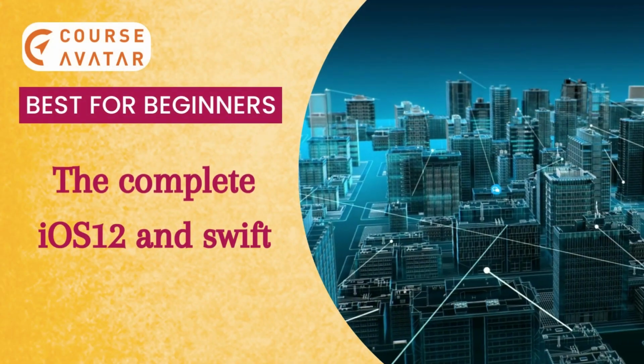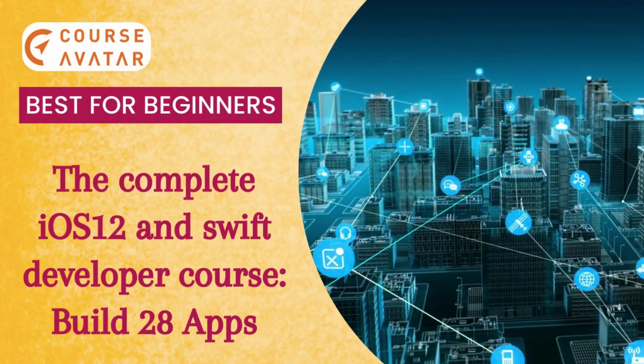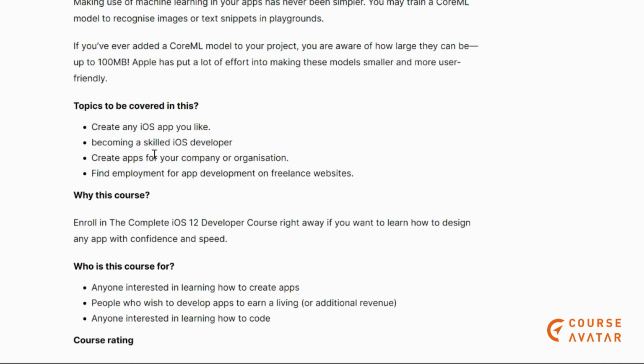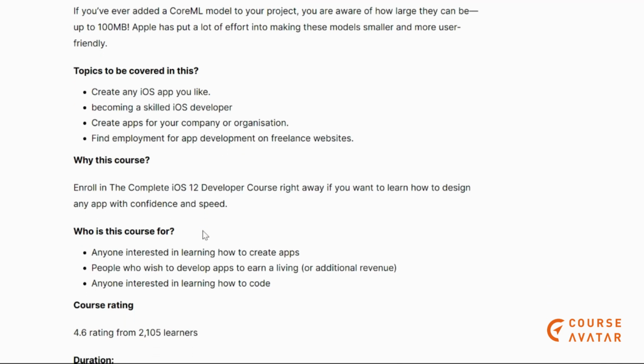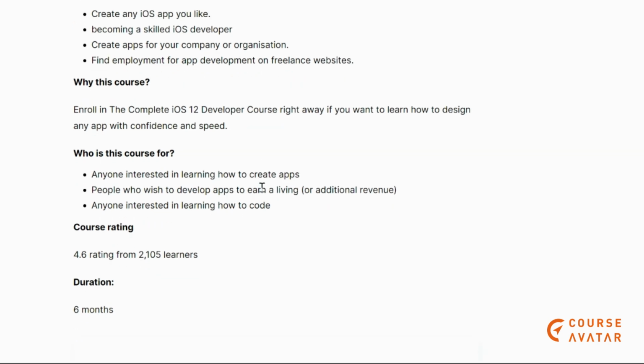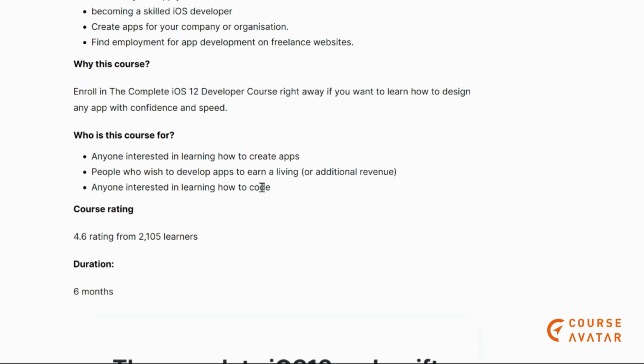So the next course is the Complete iOS 12 and Swift Developer course. Here you will learn to create any iOS app, become a skilled iOS developer, and create your own company or organization. After completing this course, you will learn how to design any app with confidence and speed.